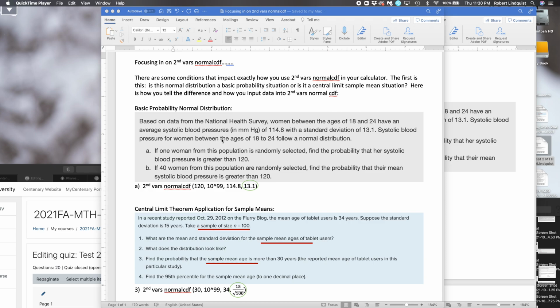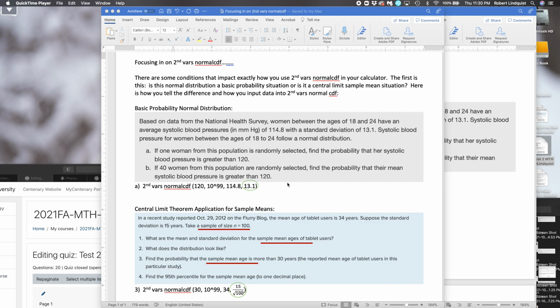Systolic blood pressure for women between the ages of 18 to 24 follows a normal distribution. If one woman from this population is randomly selected, find the probability that her systolic blood pressure is greater than 120. If 40 women from this population are randomly selected, find the probability that their mean is greater than 120.